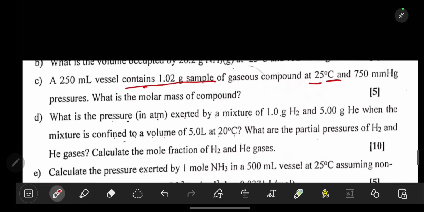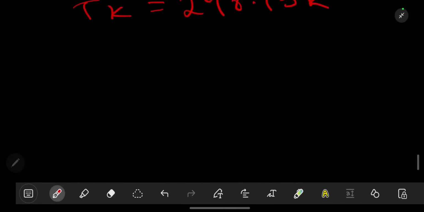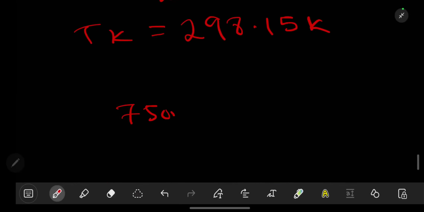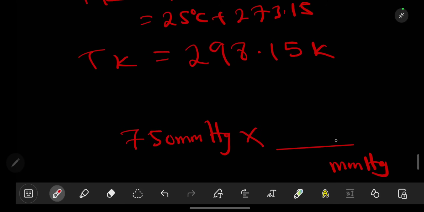Pressure we convert from the unit of millimeters of Hg to atmosphere. So we have 750 millimeters of Hg. We multiply this by 1 atmosphere over 760 millimeters of Hg, since there is the millimeters of Hg down here, so that they can cancel.